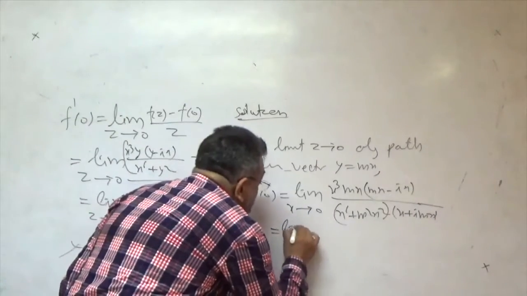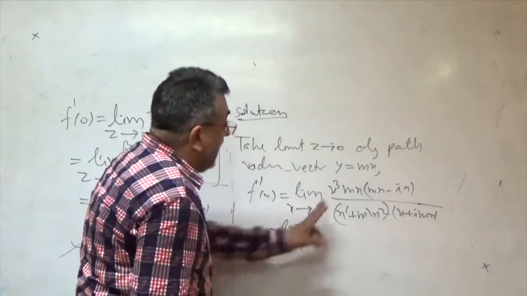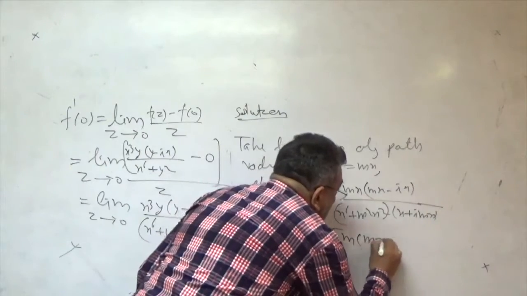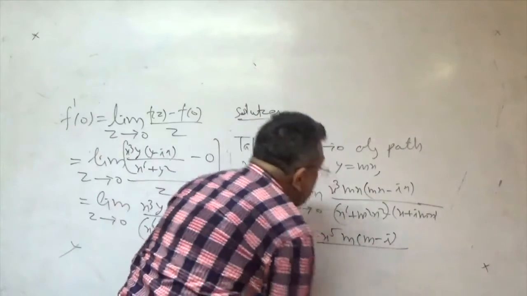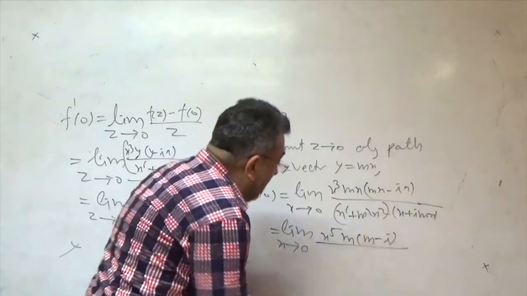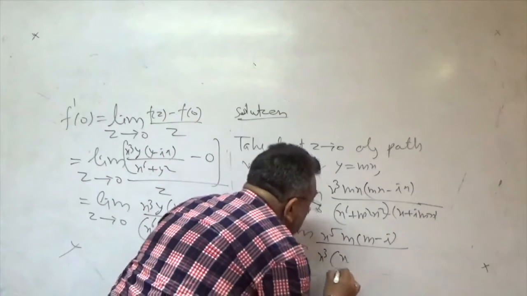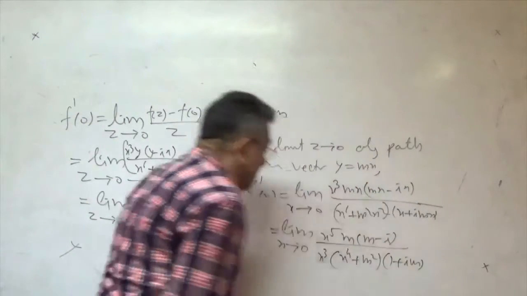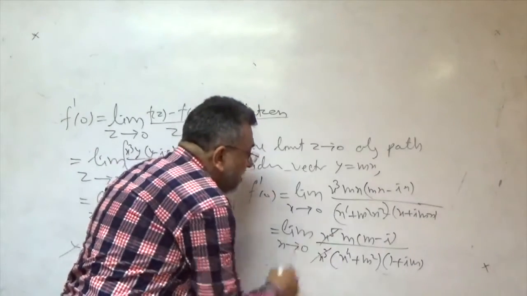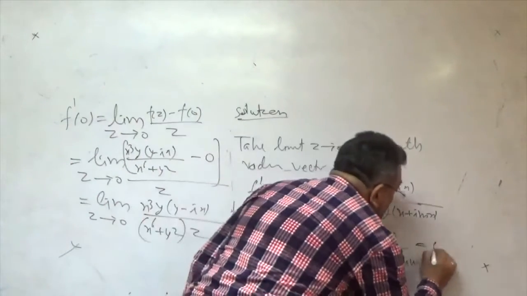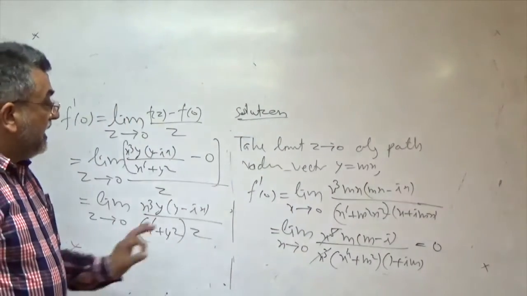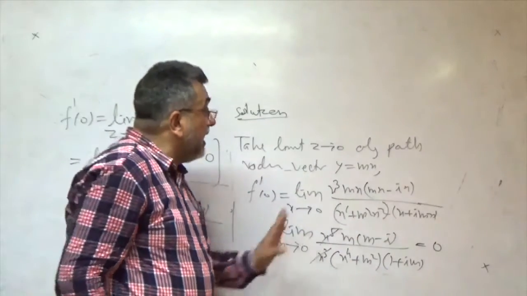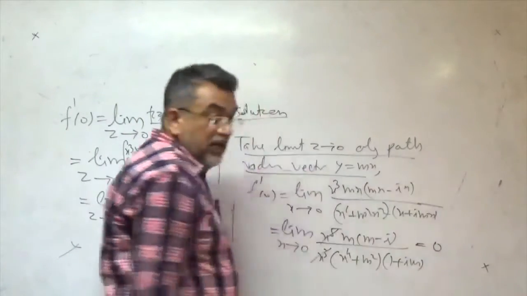If you calculate this limit as x tends to 0, in the numerator we take common x to the power 5 times m into m minus i. In the denominator, we take common x square and x, that is x cube, then x to the power 4 plus m square, and 1 plus im. This is cancelled out, and after substituting x tending to 0, finally we get 0. This means the limit along this path individually exists, with the value 0. This is the limit along the first path, y equal to mx.